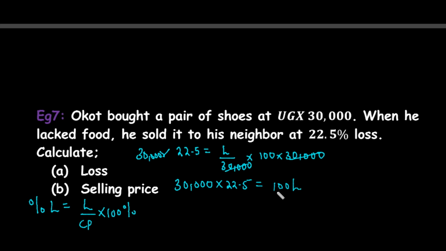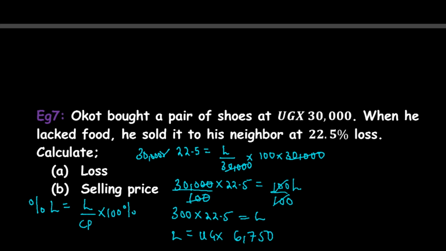Afterwards, we are going to divide both sides by 100. Is that okay? These two zeros will cancel with those two zeros, and we shall have 300 times 22.5, and that one is equal to the loss. So what is 300 times 22.5? The loss is equal to 6,750. Is that okay?